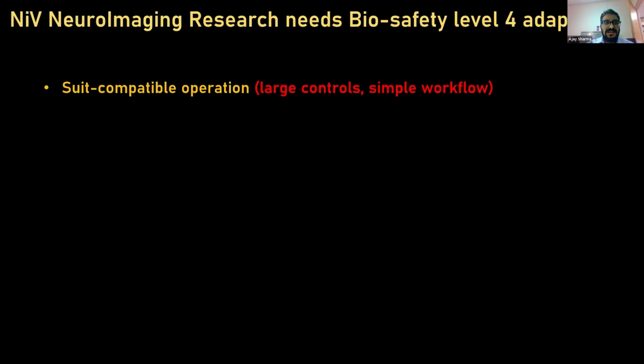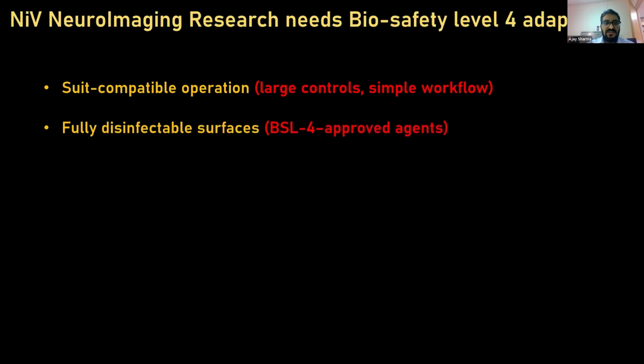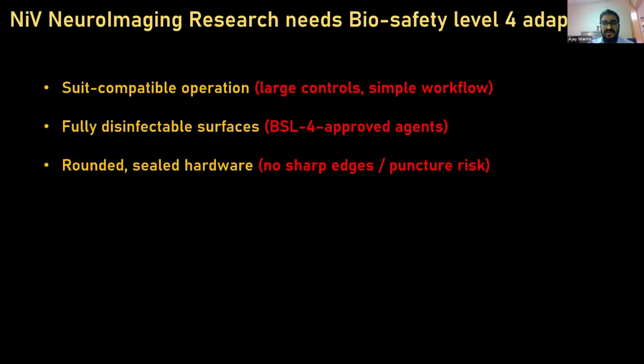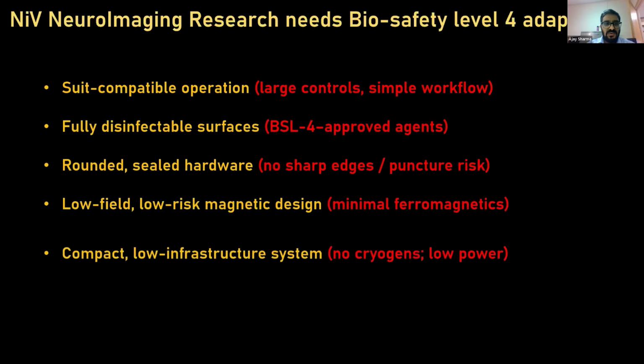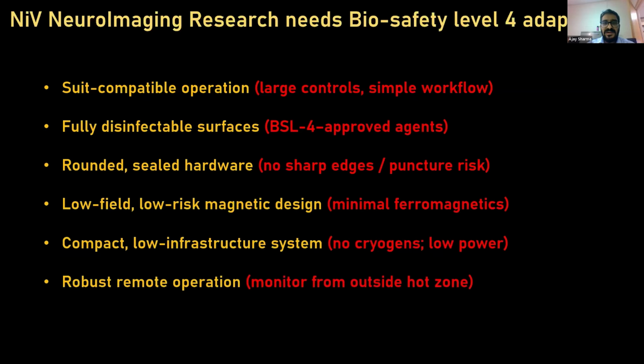What does Nipah virus neuroimaging actually need? It is infectious and must be monitored in BSL4 facilities, where we need large suits to prevent infection, fully disinfected surfaces, and rounded or sealed hardware without the risk of puncturing anything. So we are conducting our study in a BSL4 facility.